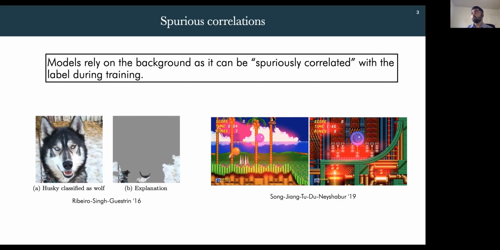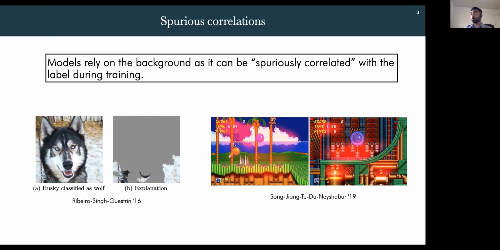And it turns out that the agent that you've trained somehow thinks that the scoreboard and the background are useful measures to determine what the actions are. And this is because for some reason during training, these signals are correlated with the correct action that the agent has to take.